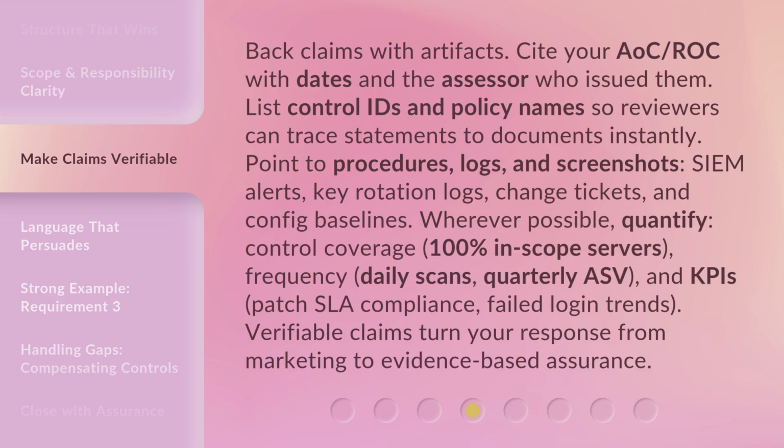Wherever possible, quantify: control coverage, 100% of in-scope servers, frequency, daily scans, quarterly ASV, and KPIs, patch SLA compliance, failed login trends. Verifiable claims turn your response from marketing to evidence-based assurance.